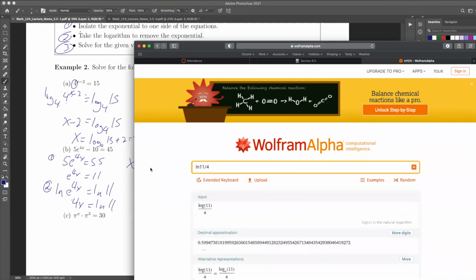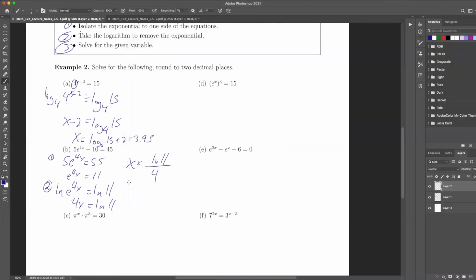So here we just have natural log of 11. So ln is natural log of 11. Remember, Wolfram Alpha says if it's log with nothing, it thinks it's log base e. And so here I get 0.599, so just 0.6 roughly, right? So x is approximately 0.60 roughly. All right.